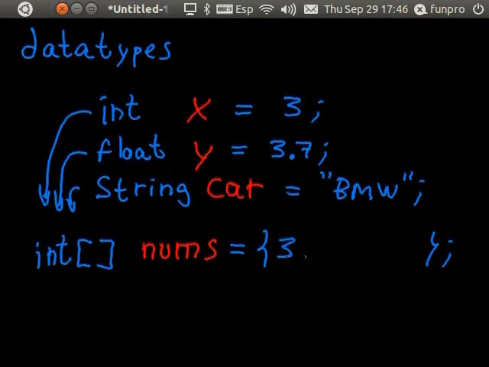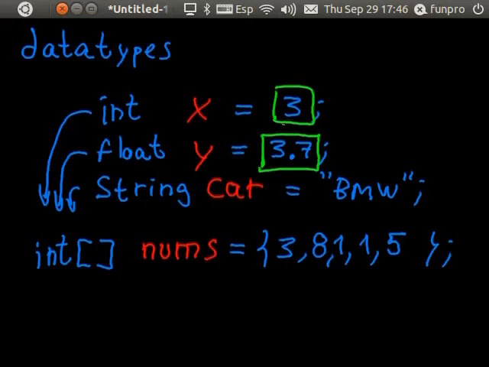So we type some integers, 3, 8, 1, 1, 5. So now we have here a list with 5 elements. And I'm going to draw here, this would be the place where the variable is stored. Here we have the BMW, and in this case, we have 5 locations.